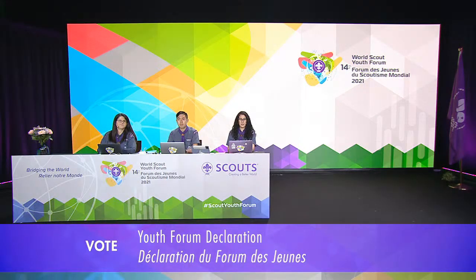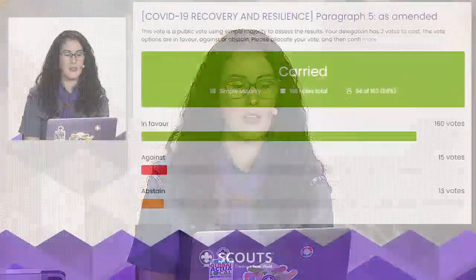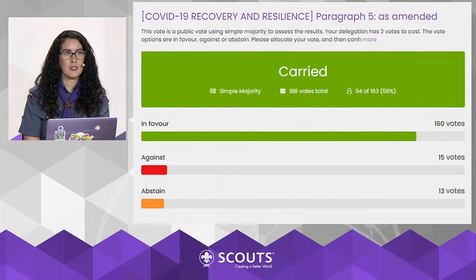Thank you, delegations, for casting your votes. Now we will move to announce the results on paragraph number 5. So with 160 votes in favor, 15 votes against, and 13 abstentions, this paragraph is carried.